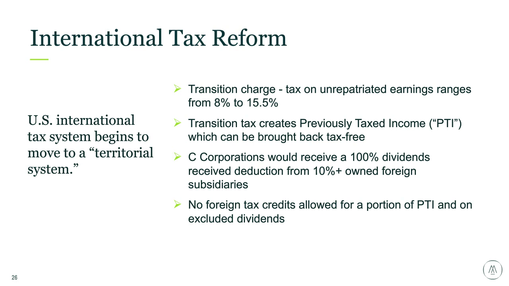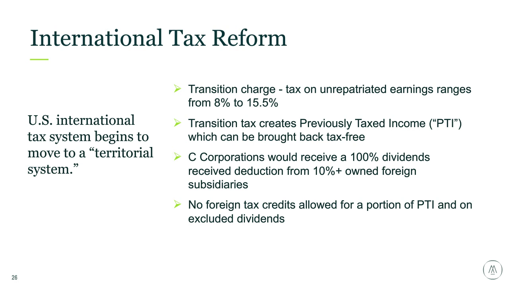Individuals do not get any sort of foreign tax credit for the underlying taxes paid by the foreign entities, whereas a C corporation will, and that C corporation can then reduce their overall liability by those foreign tax credits.